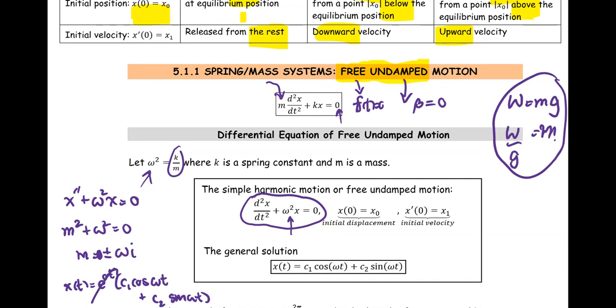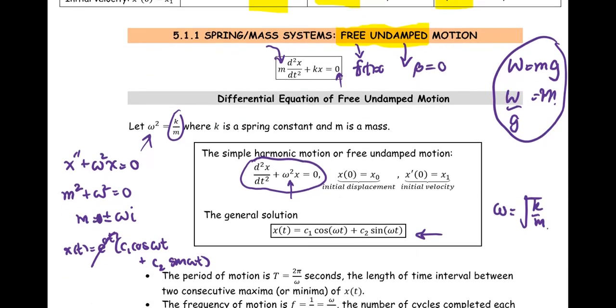So the general solution is just the simple form c1 cosine omega t plus c2 sine omega t. Recall omega squared is k over m, so omega is the square root of k over m. This number tells us about the behavior or the pattern of the displacement at any time t.